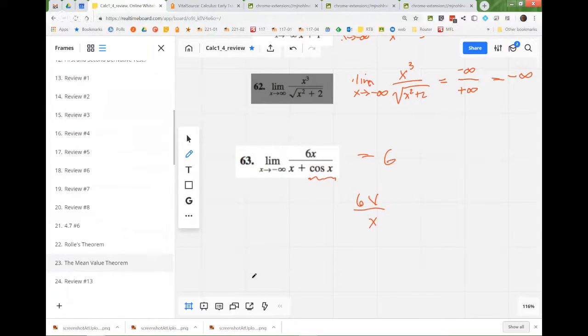Now, when you plug in a negative on top and bottom, what happens? Negative infinity becomes a positive 1, and you would just wind up with 6.